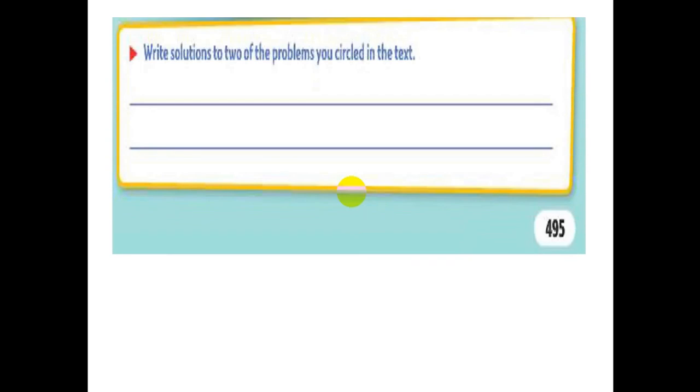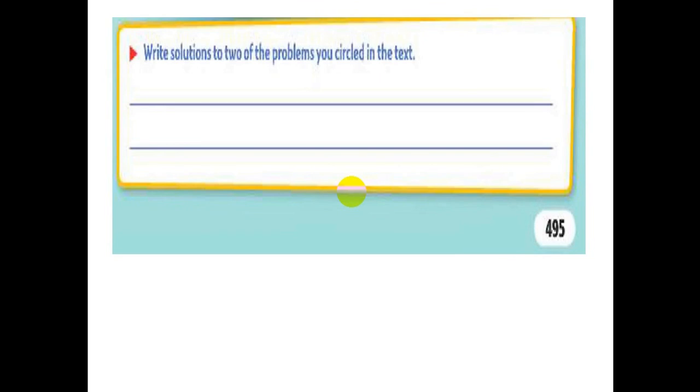In this question, also in the book, page 495, write solutions to 2 of the problems you circled in the text. Do you remember the paragraph that I told you to highlight? What 2 problems do the submersibles solve for people? Actually, they are not 2, they are more, but here he needs only 2.